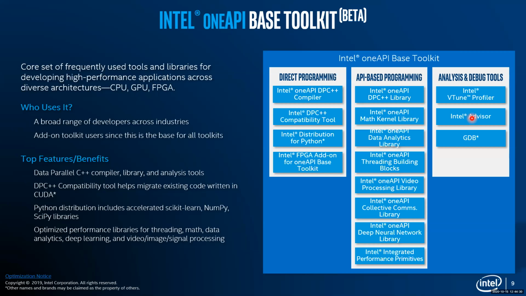In the last section, we see the profiling tools, like the Intel VTune Profiler, which is used to find and optimize performance bottlenecks across CPU, GPU, and FPGA systems. Also, the Intel enhanced GDB enables deep system-wide debugging of DPC++, C, C++, and Fortran code. Also, Intel Advisor has tools like Offload Advisor and Roofline Analysis.